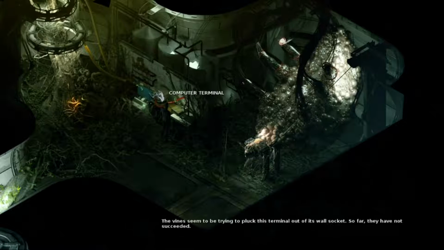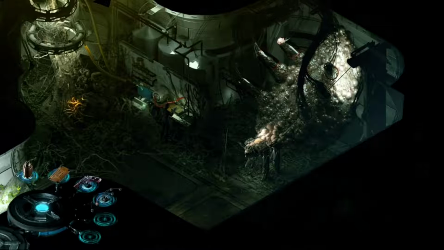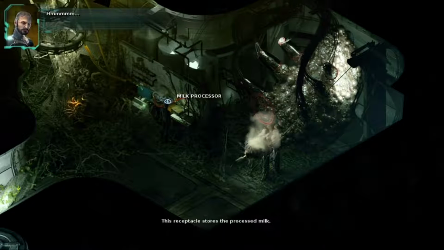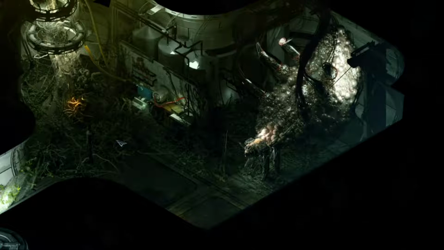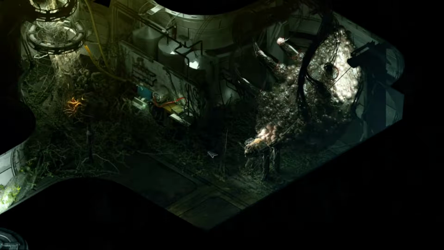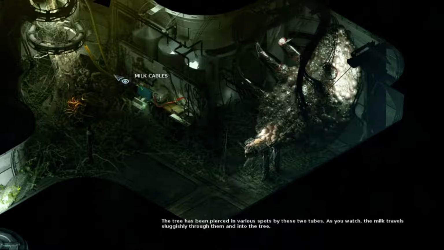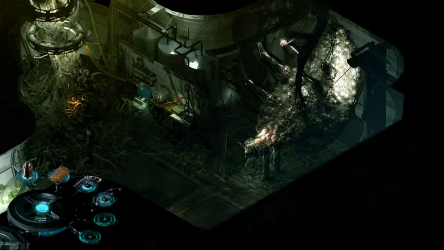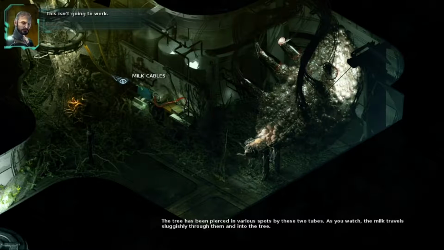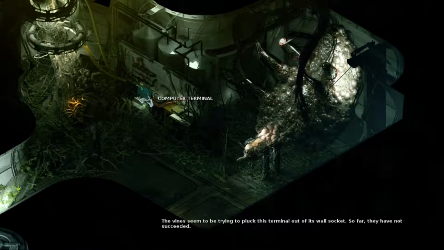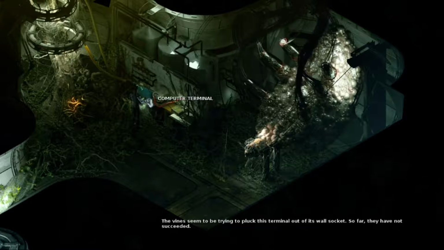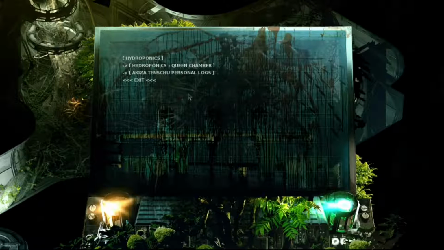Okay, so we grab that. Now we should be able to grab this and maybe put it in the milk processor. No? Okay. So we milk you. What if we put it in the milk tables? Okay, let me see the computer terminal once again. Maybe we missed something there.